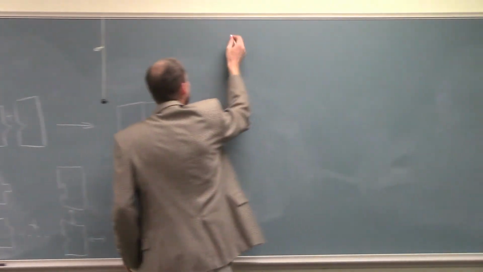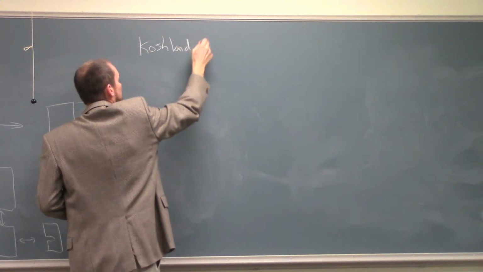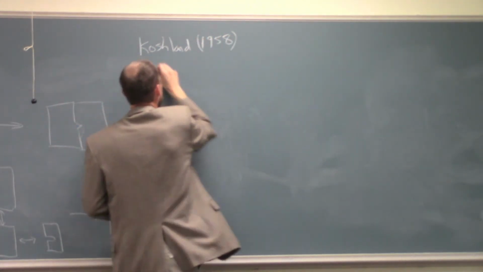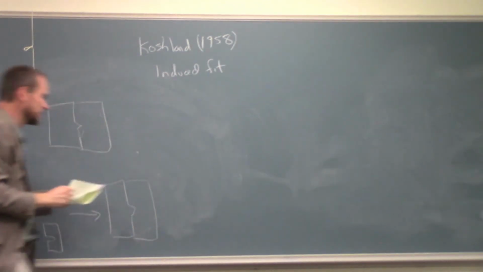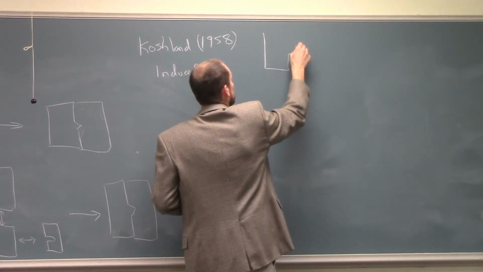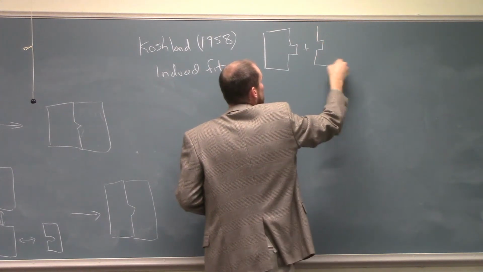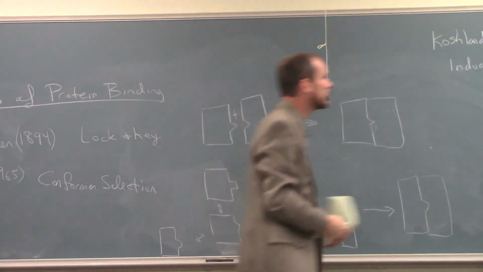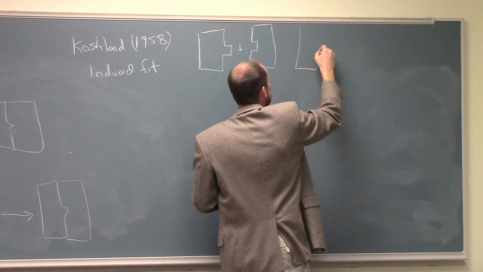Our third model comes from Koshland just a few years earlier in 1958, and it's called induced fit. And Koshland's model says that, like the lock and key, proteins are preset to be able to fit together, but then they come together into some sort of encounter complex.